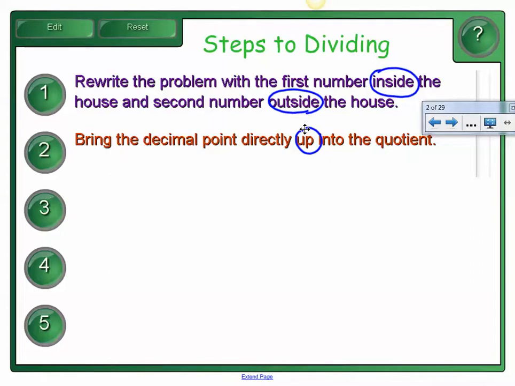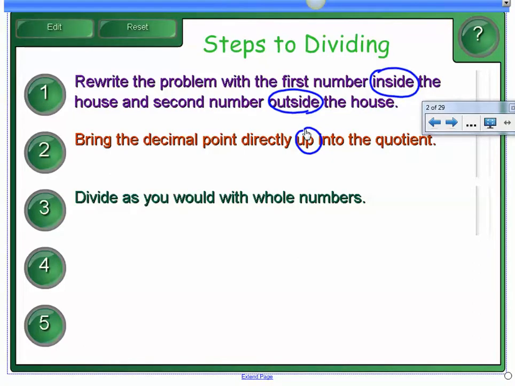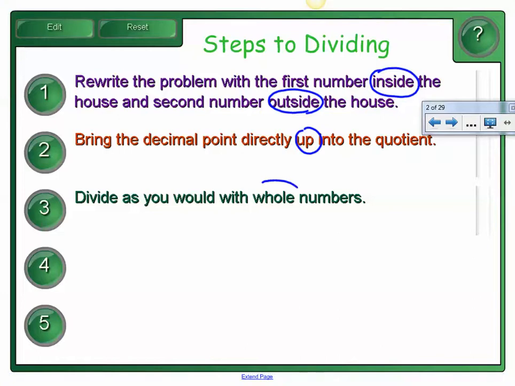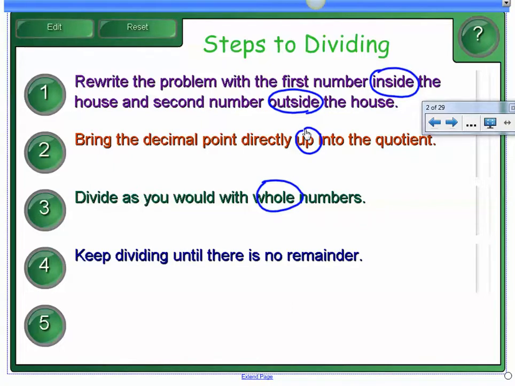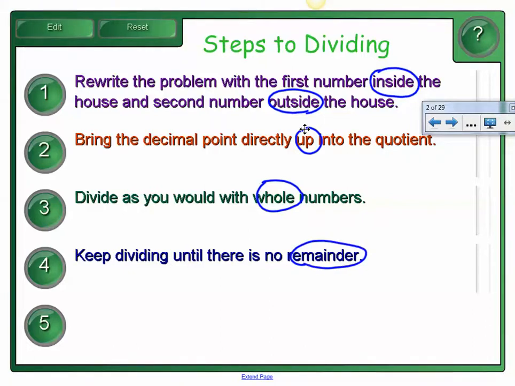Step 3, divide as you would with whole numbers. So you're going to pretend like the decimal's not even there and just do long division like you normally would. Step 4, keep dividing until there is no remainder. We don't want remainders anymore. We're actually going to keep doing division until we get to a final answer.